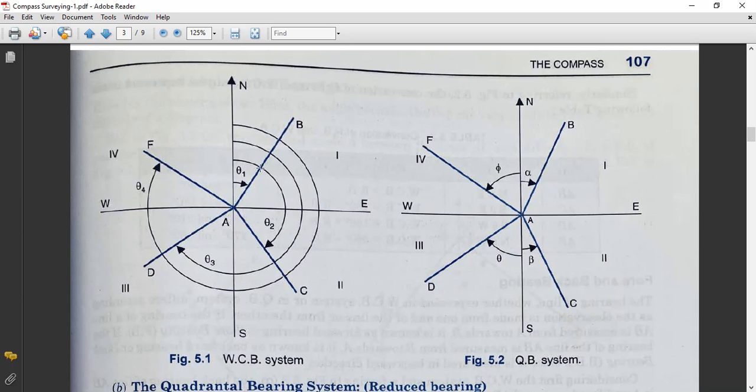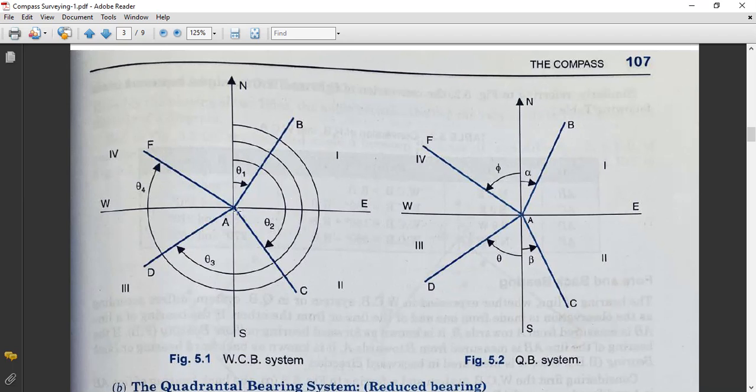The line AB is in the first quadrant, that is the northeast quadrant. The bearing of line AB is measured from north in clockwise direction. You can see the bearing of all the lines AB, AC, AD, and AF are measured in clockwise direction like this. You can see the arrow.